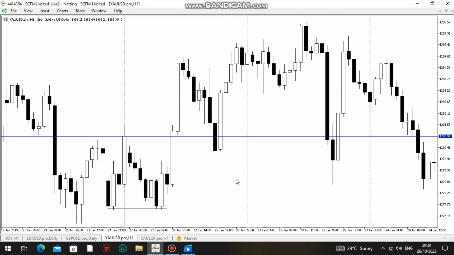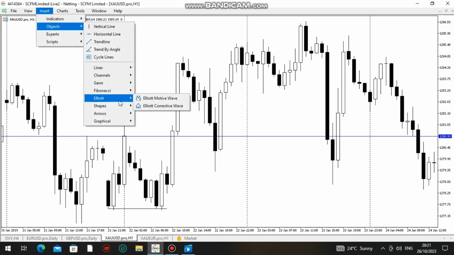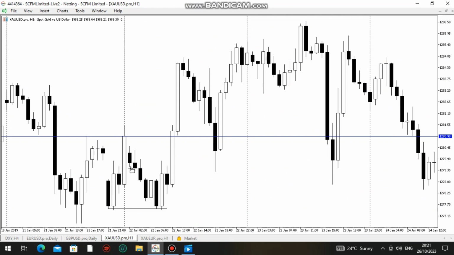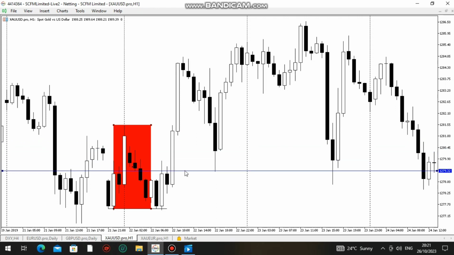And what do I mean by the main threshold? The main threshold is the 50%. Let me just show you. The main threshold, if we draw a rectangle over here, the main threshold will be the dotted line at the middle of the rectangle.